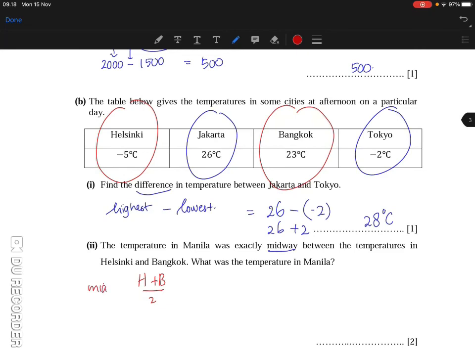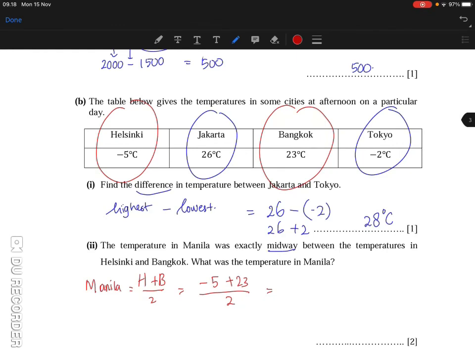Hold on. Manila, supposed to be capital. Wait. Our Helsinki here is -5, miss, and the Bangkok here is 23. Divide by 2. -5 plus 23.